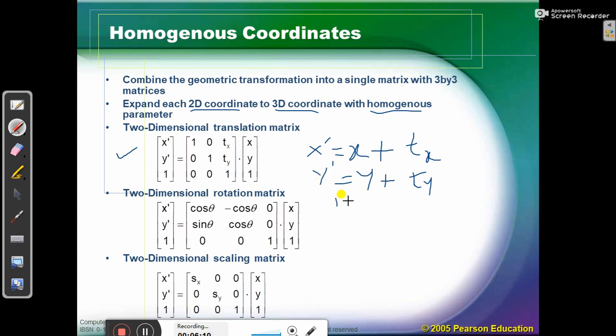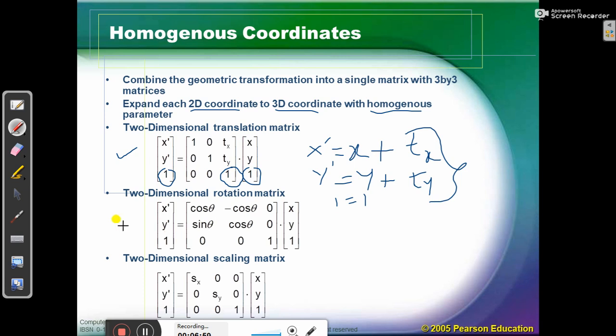By putting it in a 3-dimensional matrix using homogeneous coordinates, multiplication becomes easy and creates the same equation as before. Just one extra 1 is used in the point and also in the translation matrix, introduced to create the homogeneous coordinate.